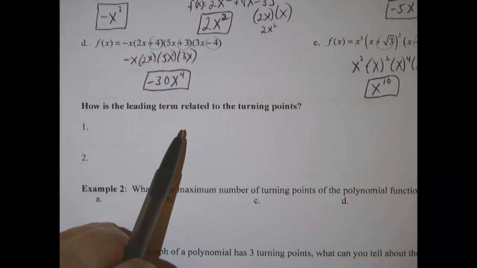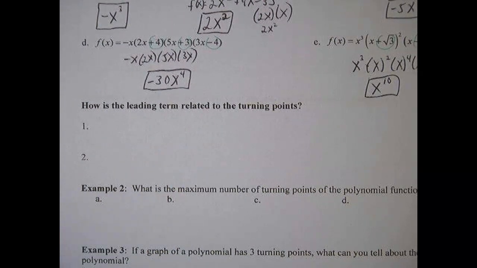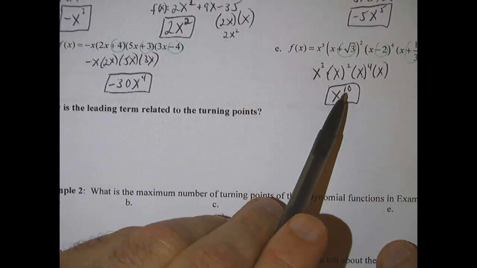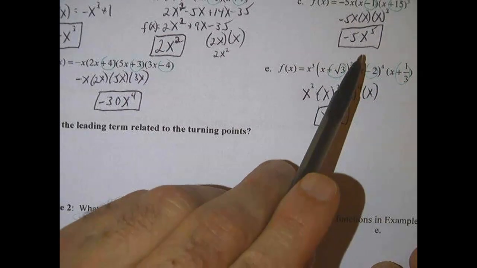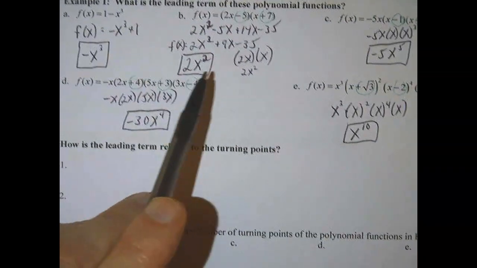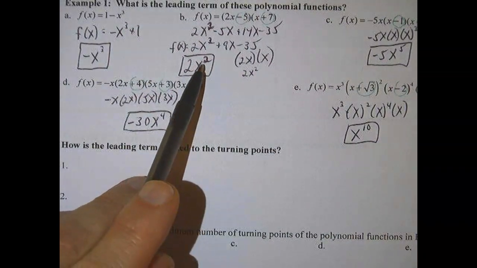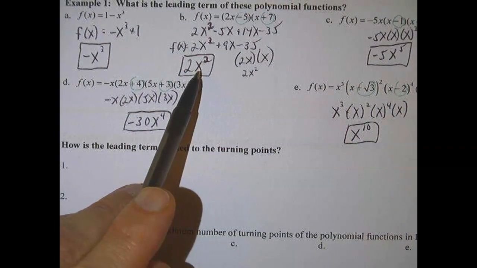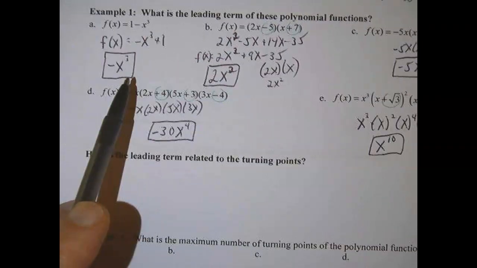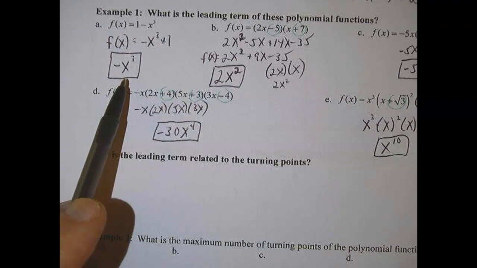If the degree is n, then there can't be more than n minus 1 turning points. So this one can't have more than 9 turning points. This one can't have more than 4. This one is just a parabola, second degree, can't have more than 1 turning point, and we know that it has exactly 1. This one can't have more than 2.